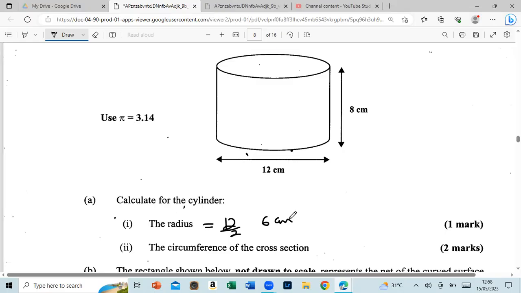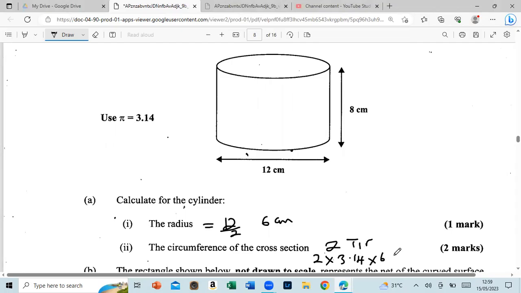And they say the circumference for the cross section, which is this part, like when you cut it. So it's just 2 pi r, which is the circumference. We got the radius to be 6, so we are going to say 2 times 3.14 times 6. And that's it.